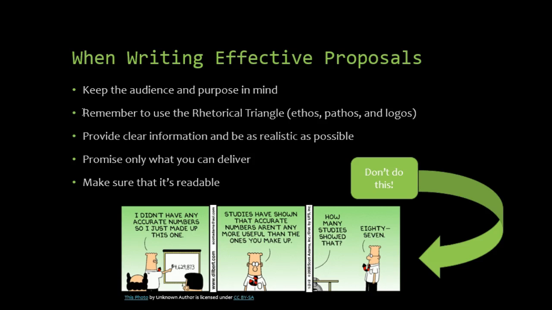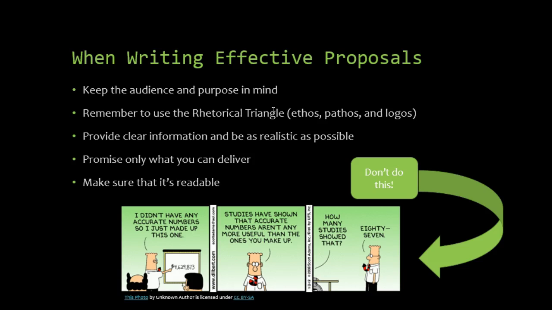Next, remember to use the rhetorical triangle. Remember ethos, pathos, and logos. You're going to want to use these when you're trying to persuade your audience. So remember, ethos is an ethical appeal or ethical persuasion.